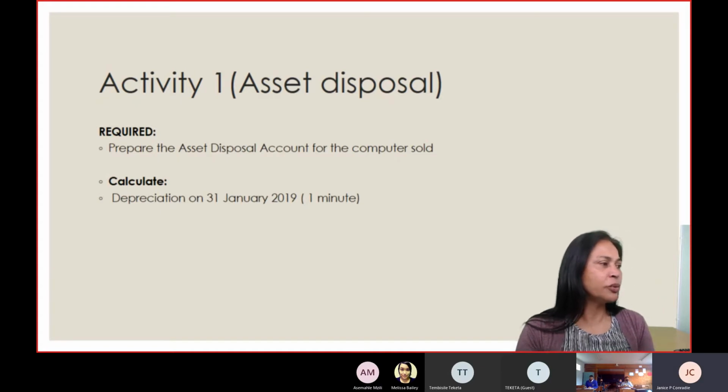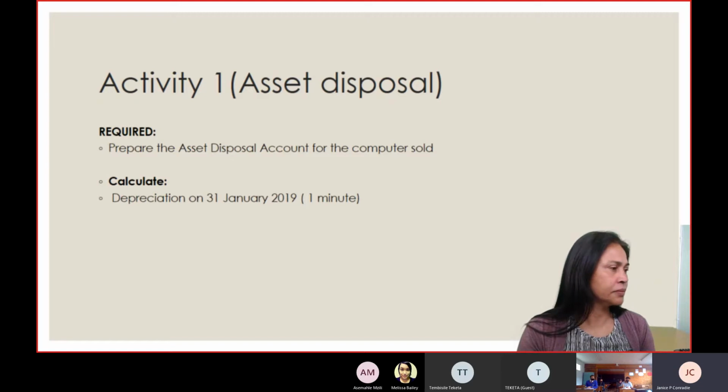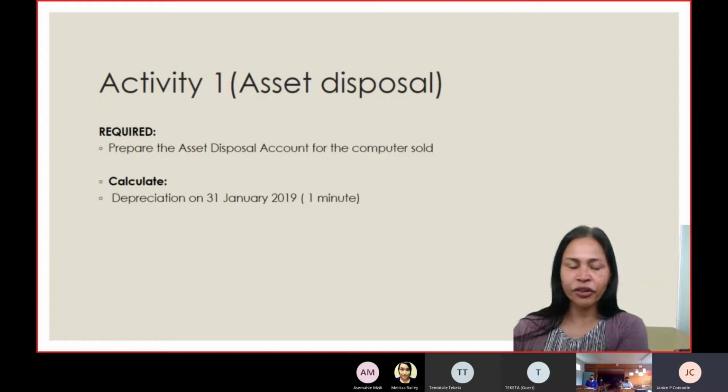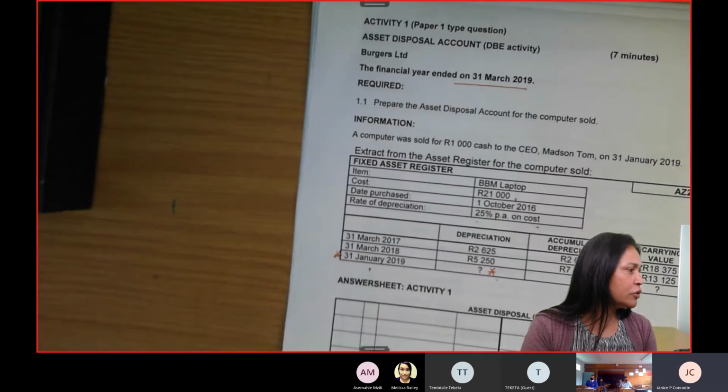I see there's a request that we need to put on a light. We're busy seeing to that, Ms. Paulson. Thank you for letting us know. Let us know if it's getting better or not. Ms. Paulson, if you could just give us feedback on whether we are on the right track with the lighting here. I'm going to just share so that you can see.